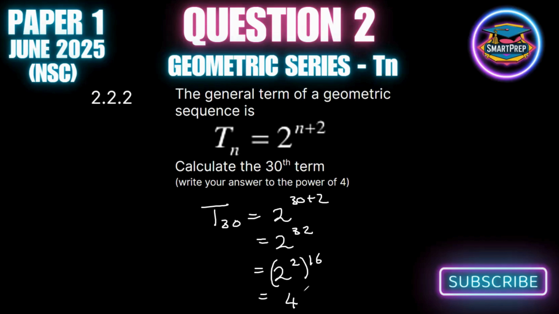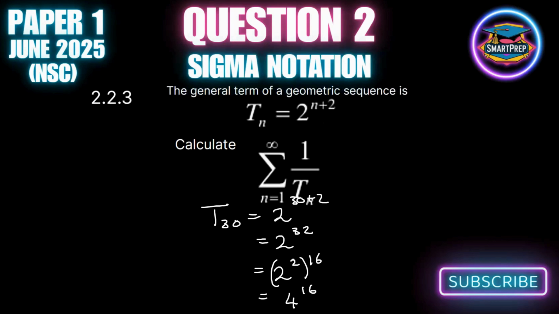So 4 to the 16 is our 30th term. Okay, if anyone is looking at the memo, they did the 20th term. That is obviously not correct. They put in 20 instead of 30. Typo on the memo.